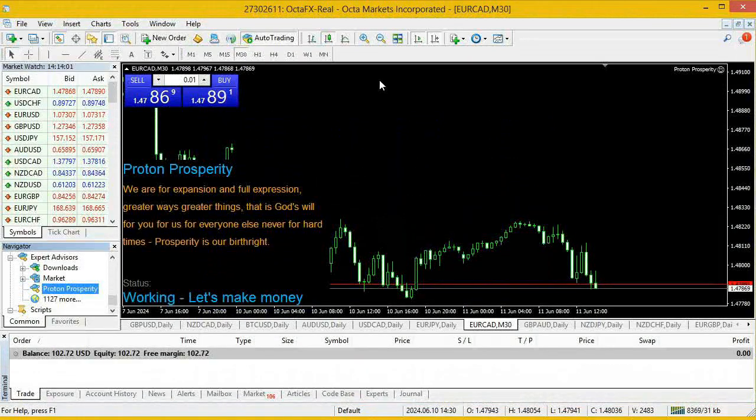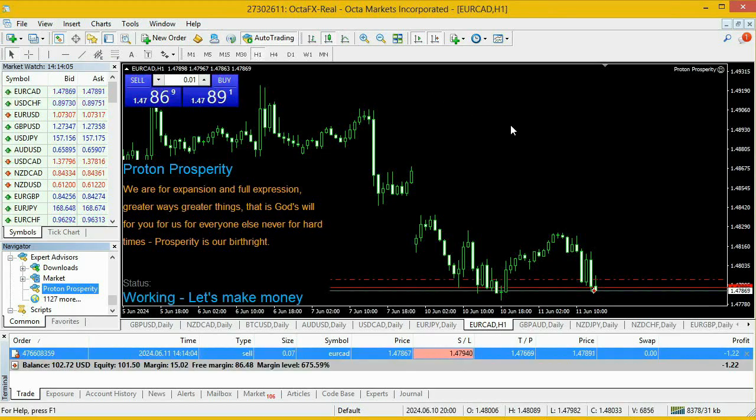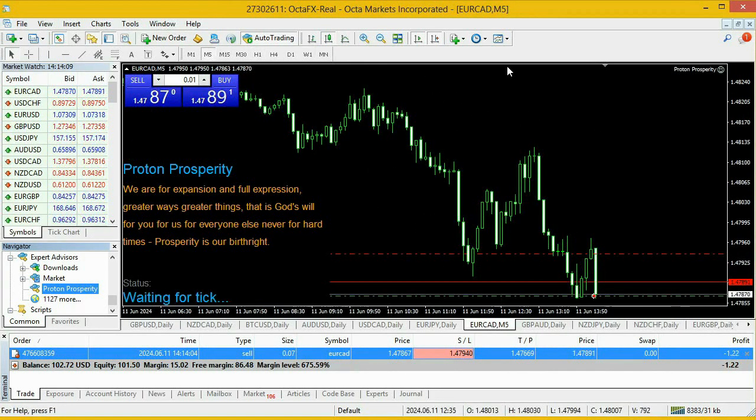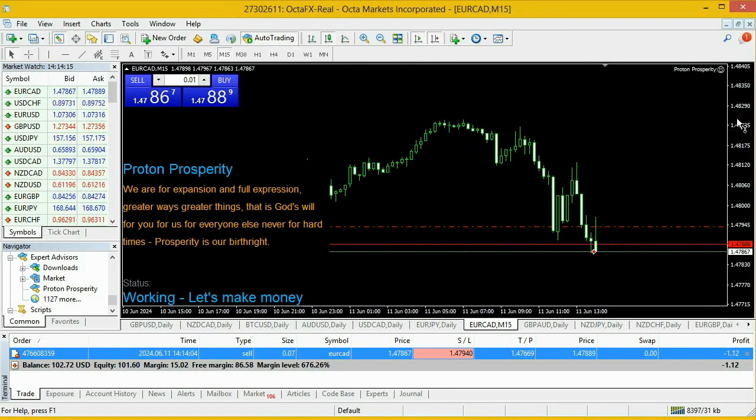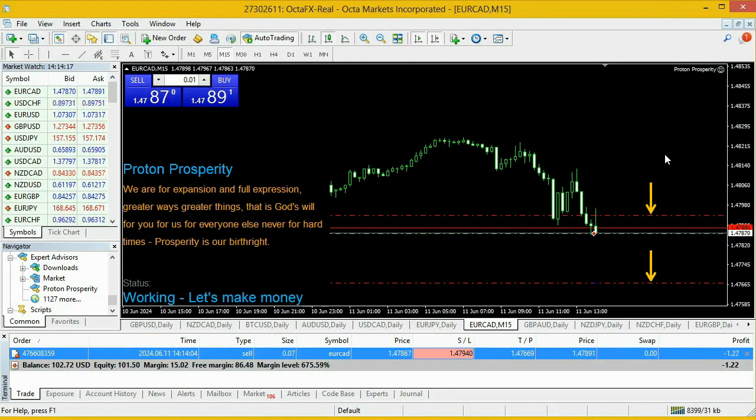This is the euro and Canadian dollar currency pair. Sell position executed. Our stop loss and take profit.